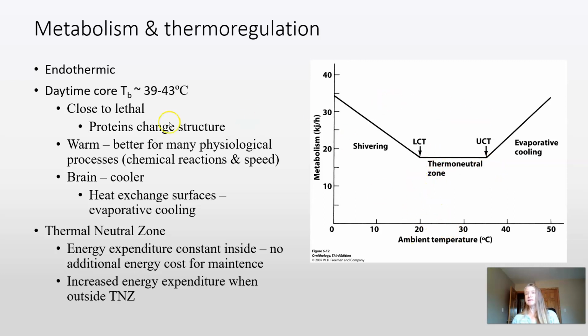We typically think that the thermal neutral zone goes from around 20 degrees Celsius to about 38, 39 degrees Celsius. If it's over the upper critical temperature, UCT is upper critical temperature, then you have to spend energy to do evaporative cooling. If it's below, say 20 degrees Celsius, you're going to have to spend energy to stay warm.